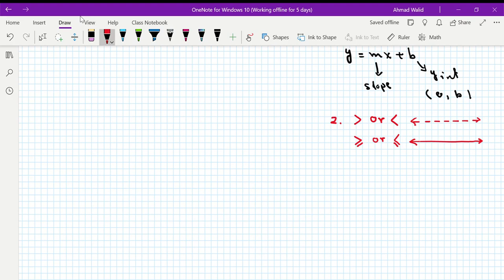If you have only greater or less, then your answer is wrong. Remember, correct? When you graph the line, if you have greater or less, choose a dash line. If you have greater equal, less than equal, choose a solid line.